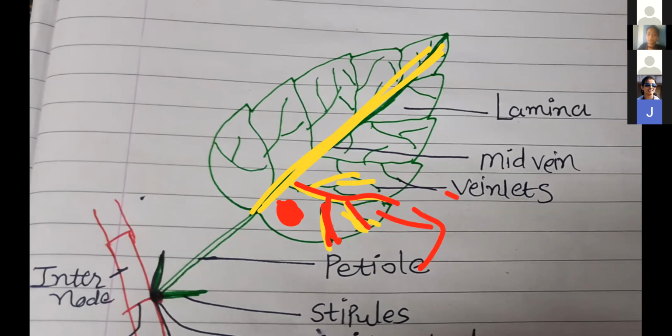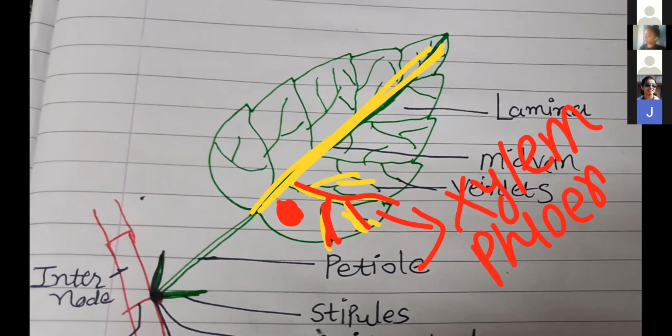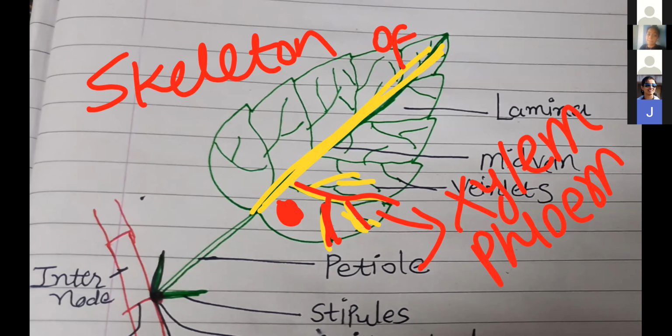Why? Because in this vein, xylem and phloem are present. So this vein system acts as a skeleton of the leaf. We need a skeleton to maintain the shape of our body.